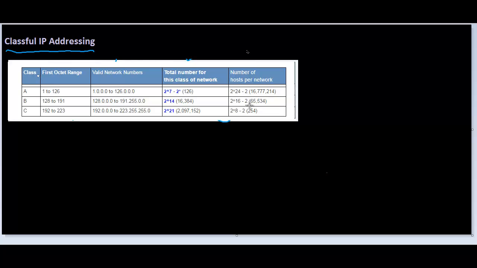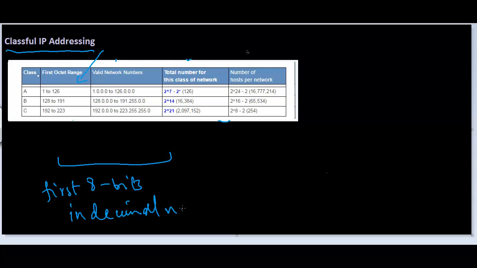This table provides the same summary but in a different form. So for example, what we are saying here is that if we take a look at the first octet, meaning the first 8 bits, in an IP address in decimal notation, so these 8 bits have been converted to a decimal value, right?